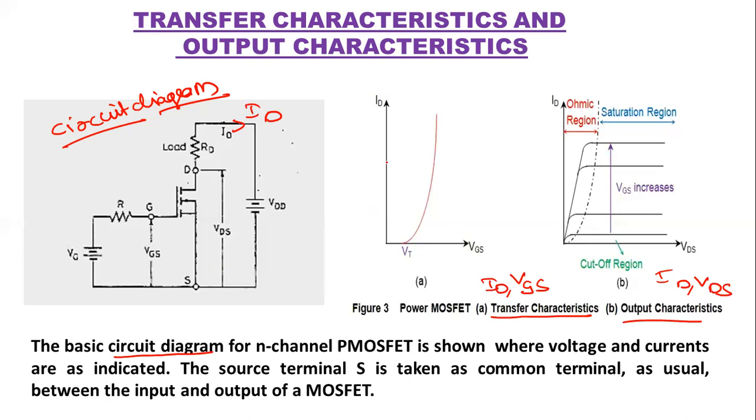The transfer characteristic is plotted between output current ID and input voltage VGS. From the figure we can say that.